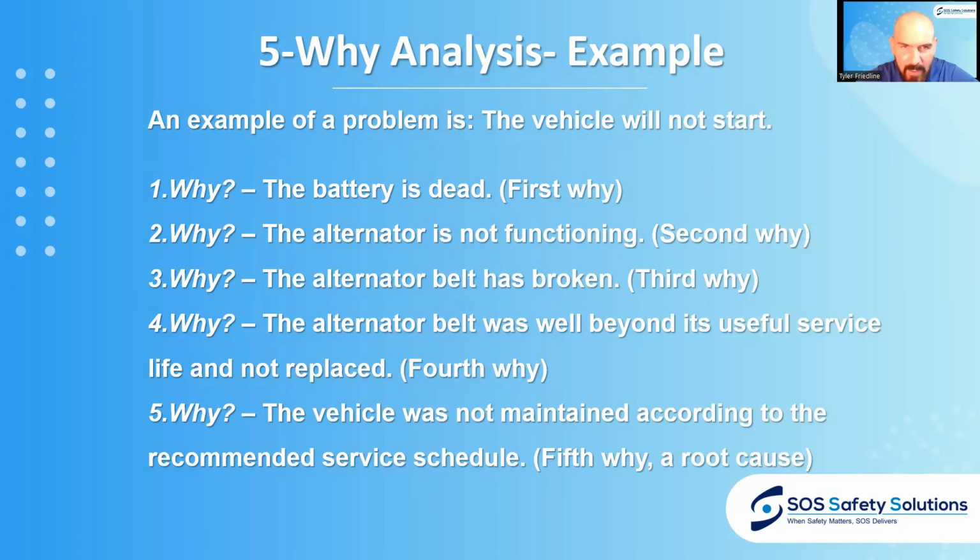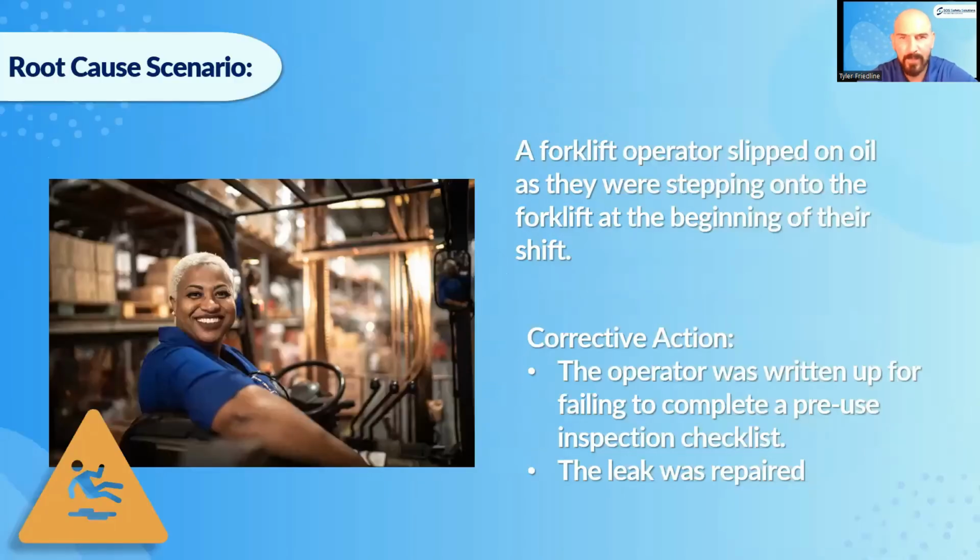You might skip that second why. That's okay. But typically, 5 whys is what we're shooting for, but you might not always need to go that far. It is useful to write out each individual step in the process and not skip ahead to things that may be obvious. So here's another little root cause scenario.